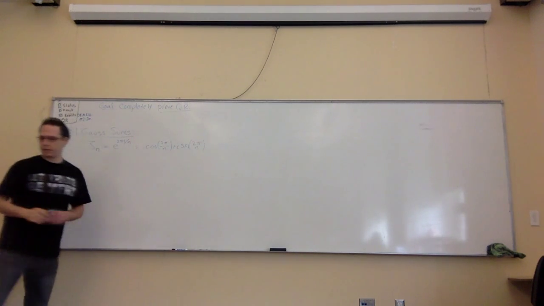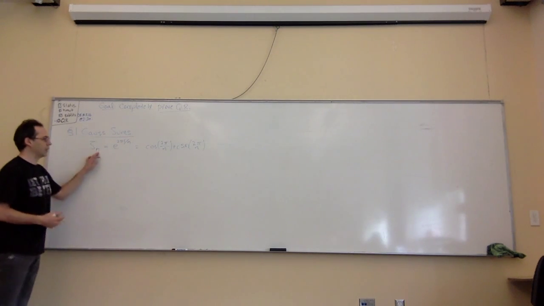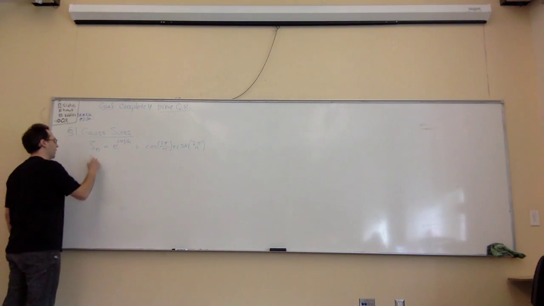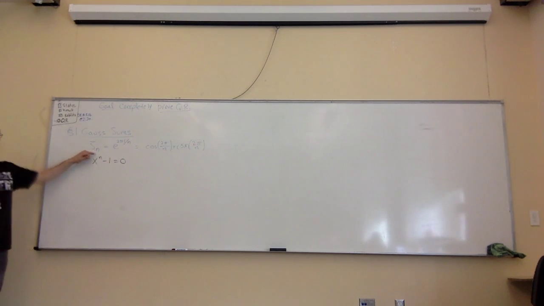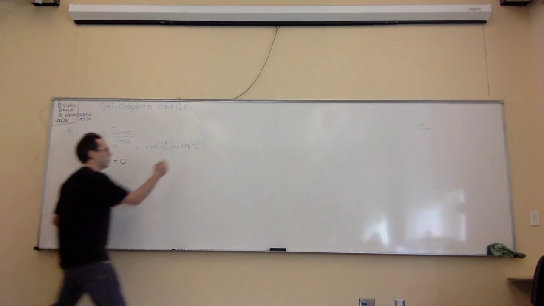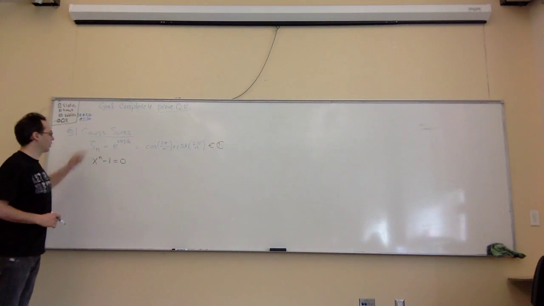This is an nth root of unity. It's a number that when you raise it to the power of n, gives you 1. So it's a root of x to the n minus 1 equals 0, but no smaller power gives you 1. It's an element of the complex numbers, and it has multiplicative order n.